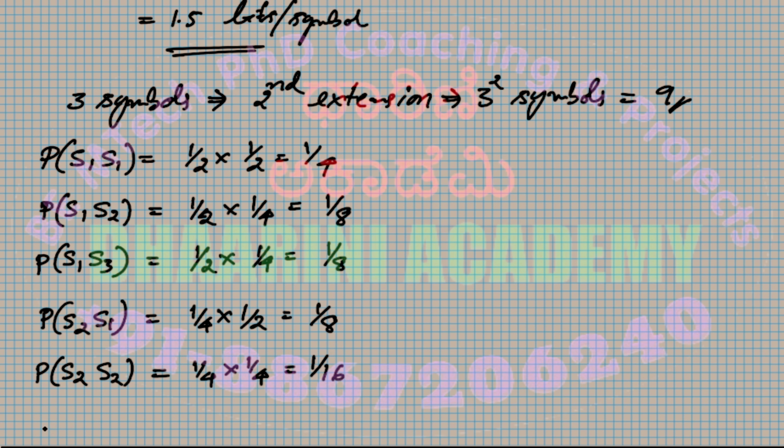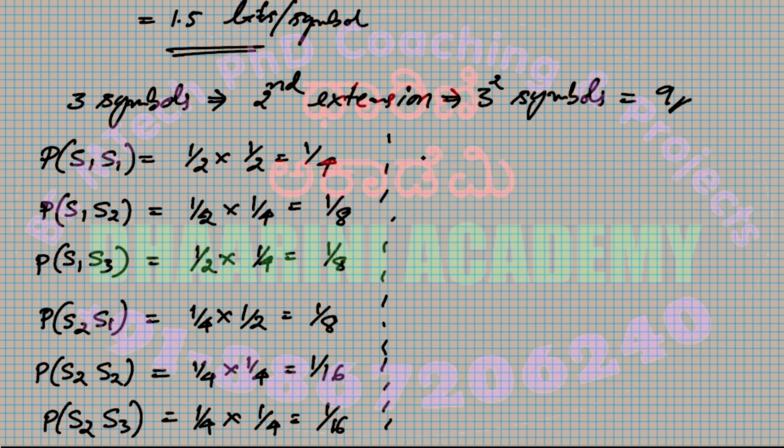Then probability S2, S3: probability of S2 is 1 by 4, S3 is also 1 by 4, that is 1 by 16. Are you okay with this? Let's proceed. Then I may have P of S3, S1. Probability of S3 is 1 by 4, S1 is 1 by 2. That is 1 by 8.